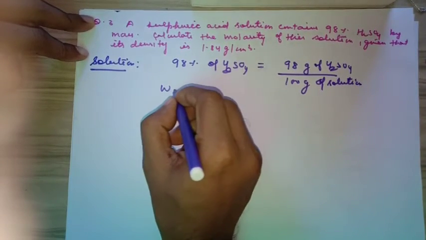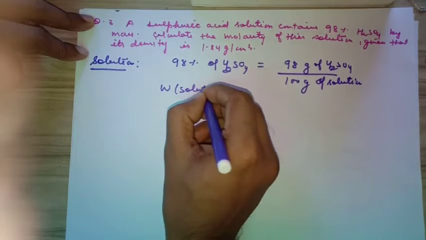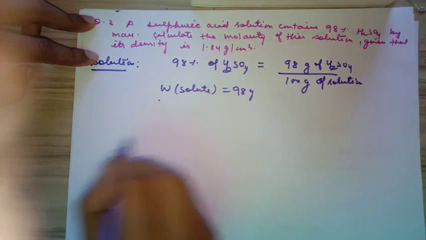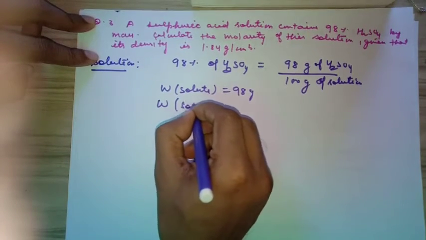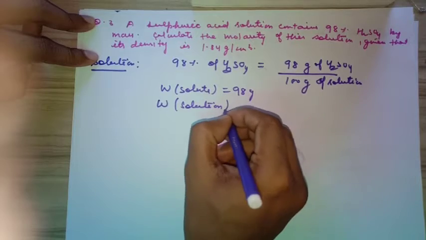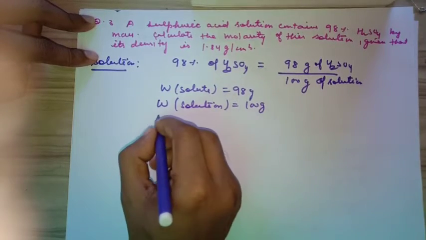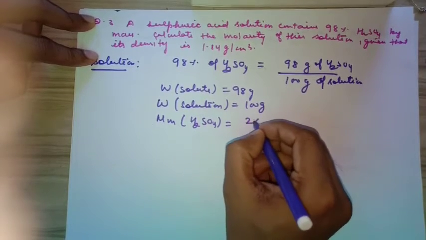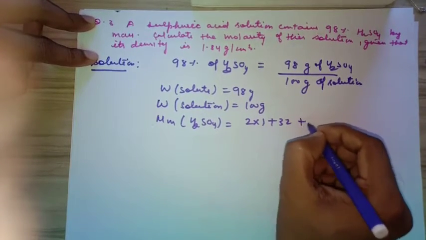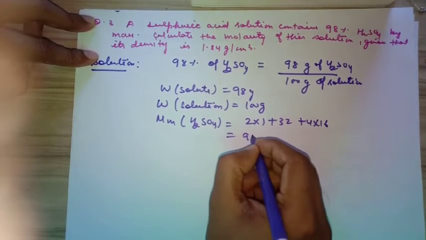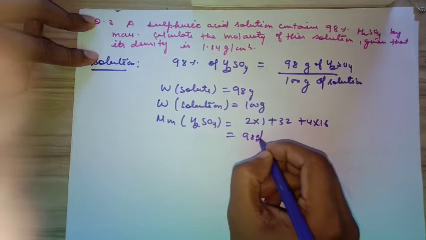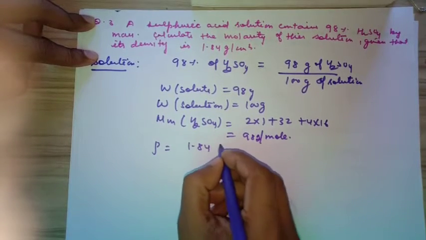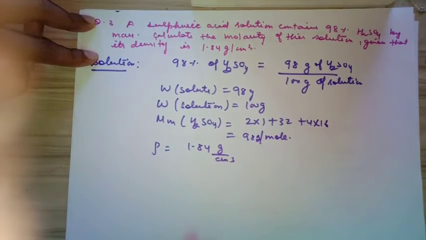So here weight of solute is 98 gram, and weight of solution, that is mass, is 100 gram. Now here molar mass of H2SO4 is 2 into 1 plus 32 plus 4 into 16. On calculation we will get 98 gram per mole, and density is given as 1.84 gram per centimeter cube.